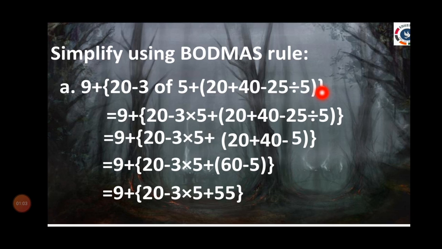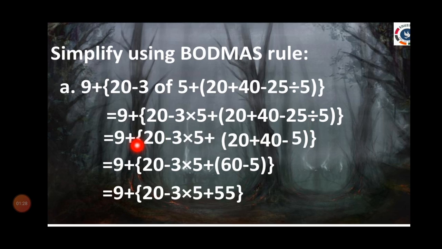First we give preference to brackets. Here 'of' means you imagine multiplication, into. So first you have to convert that. 9 plus 20 minus 3, instead of 'of' you write the into symbol here. Then 5 plus 20 plus 40 minus 25 divided by 5.